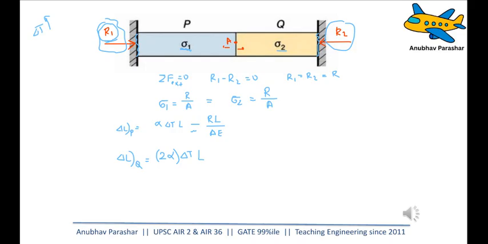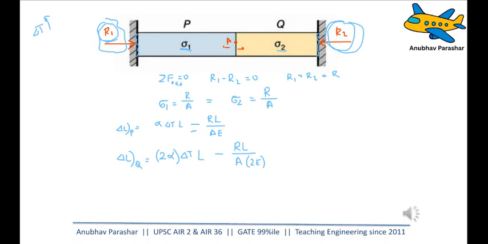So this is the increase in length because of temperature increase, minus RL because of the compressive force. Again, the length will tend to decrease, divided by area, which is the same, but the Young's modulus is twice of E for Q. So these are the two values of change in length of P and Q.